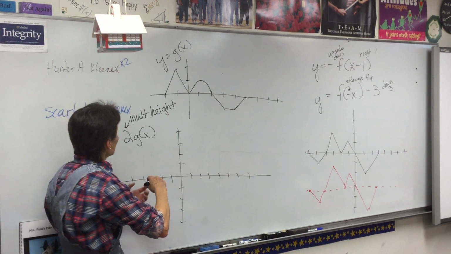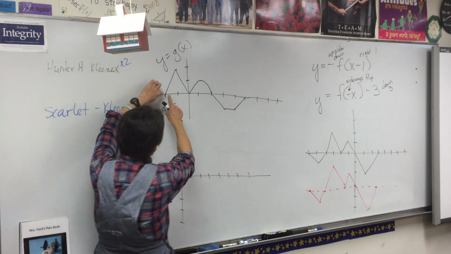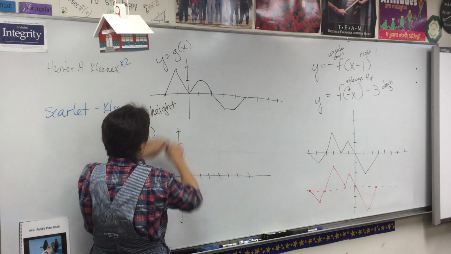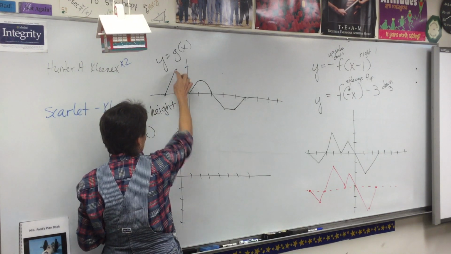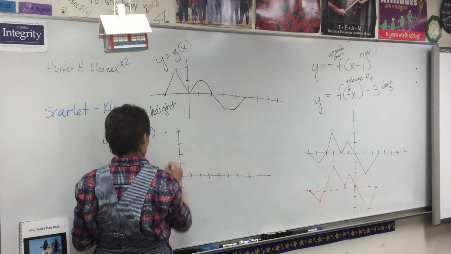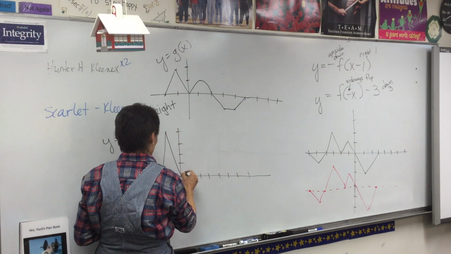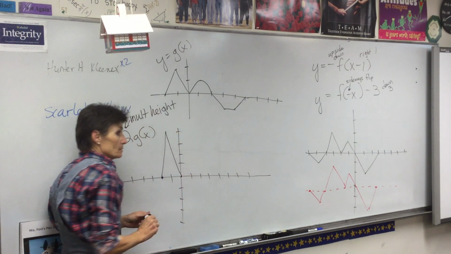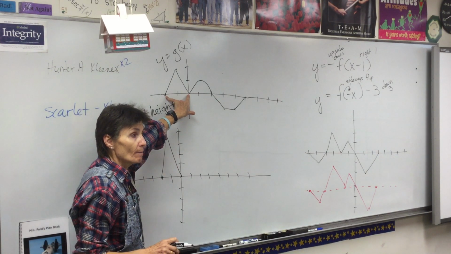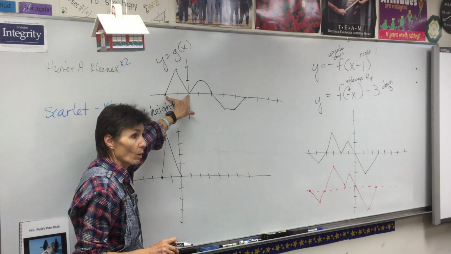Okay, so here we go. How tall is this triangle right here in the original picture? 2. So I'm going to redraw that triangle, but now it's going to be 4. It's the exact same triangle sitting right here, but now it's 4.